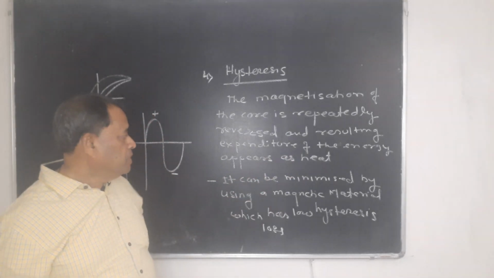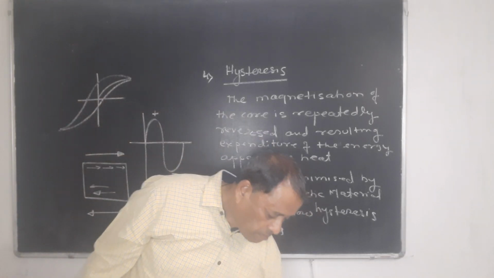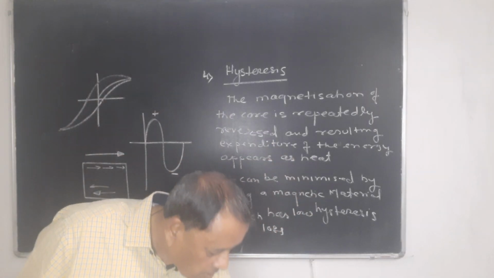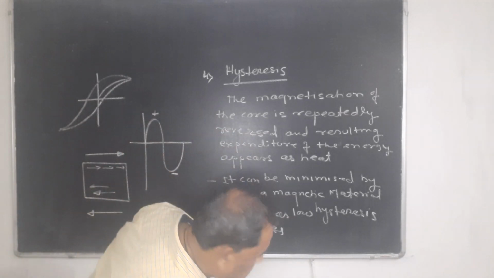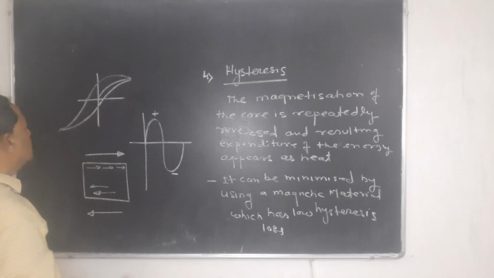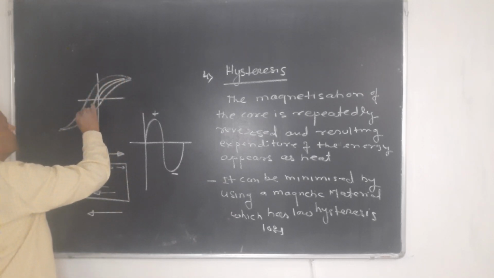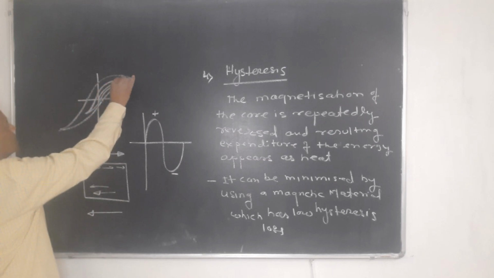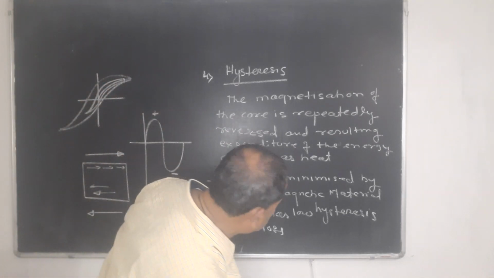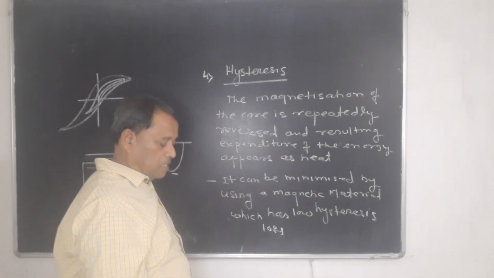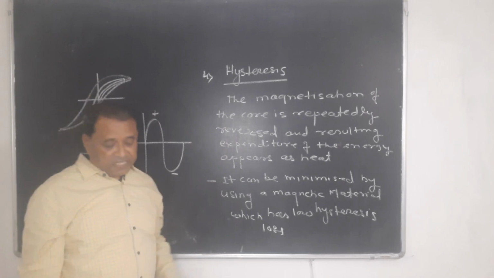So it can be minimized by using a magnetic material which has low hysteresis loss. If the curve is smaller, the loss will be less. In this way we can minimize the loss due to hysteresis.